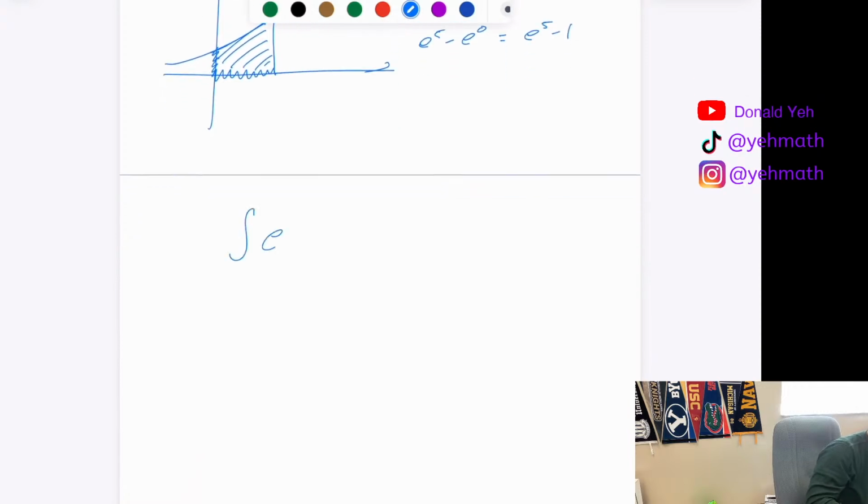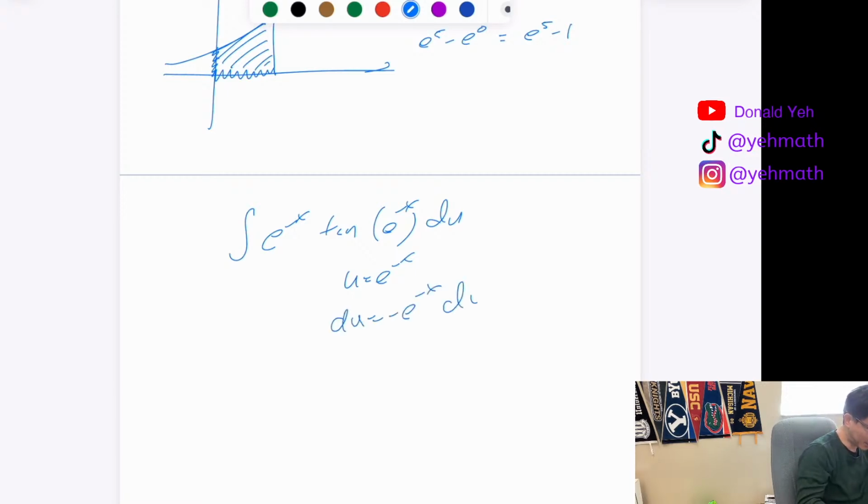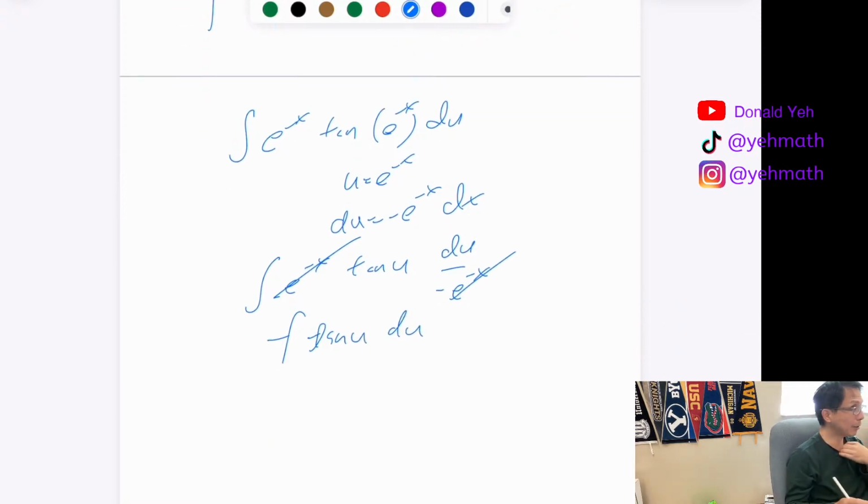The integral of e to the negative x times tangent of e to the negative x dx. I will set u equal to e to the negative x, du equal to negative e to the negative x dx. So it's e to the negative x tangent of u, and this one is going to be du over negative e to the negative x. This cancels out, leaving negative tangent of u du. You need to know how to take the integral of tangent.